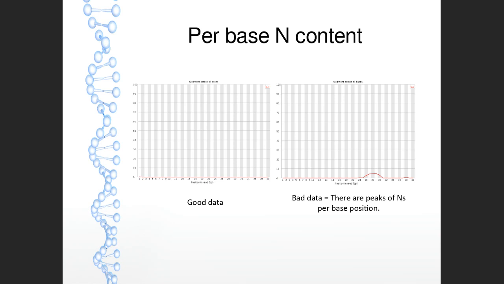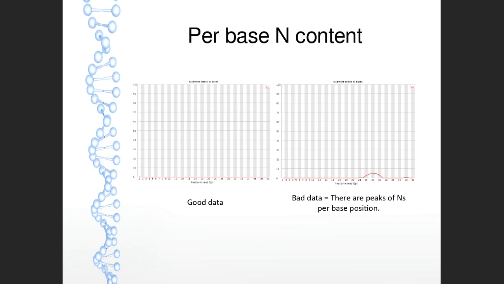The good data on the left-hand side shows that there are no N's, or there's no particular spike in N's anywhere within our sequences. Bad data, on the other hand, might show that we have one position within our reads that has a peak of N's within it. So this may be that we've read over the end of a read, or we've got some particular problem reading that has led to a bias in that position being an N.